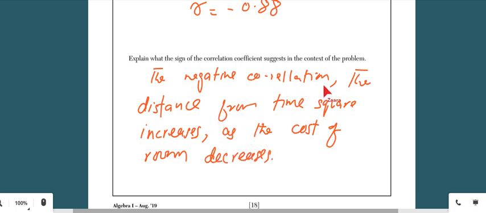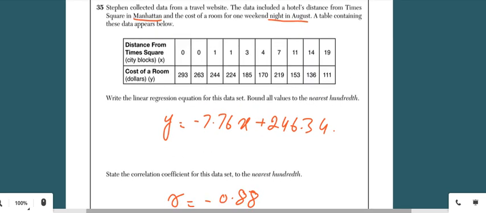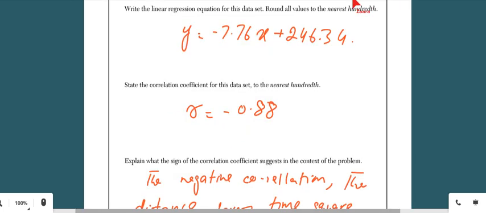Look at the data. It says that when you are moving away from Times Square, the cost is decreasing. Simple. So that's why we are getting the negative correlation.